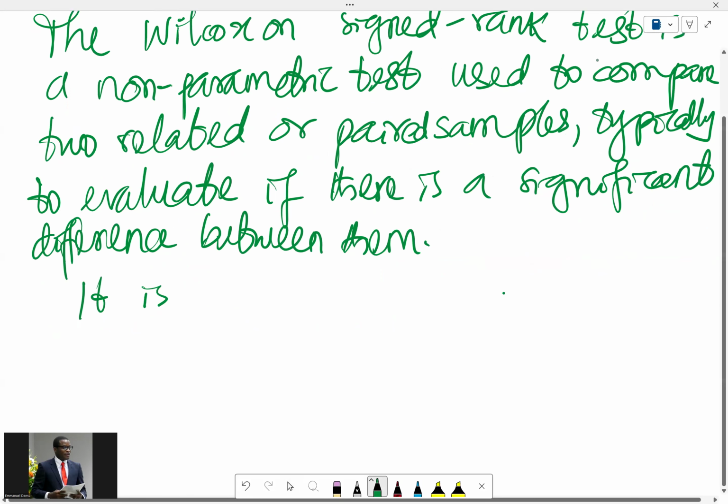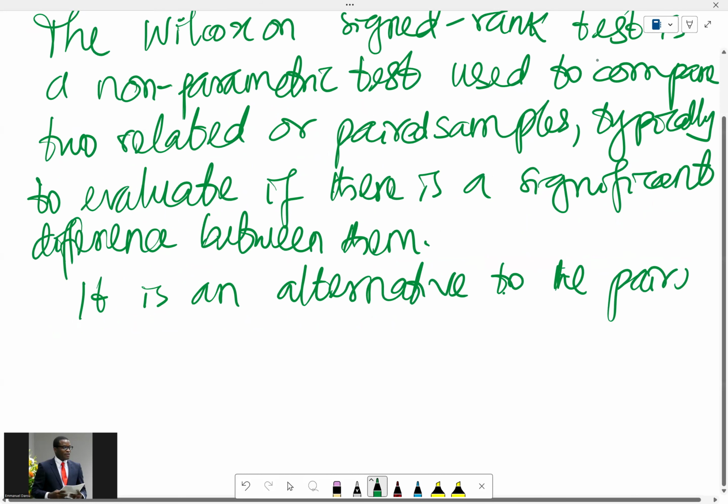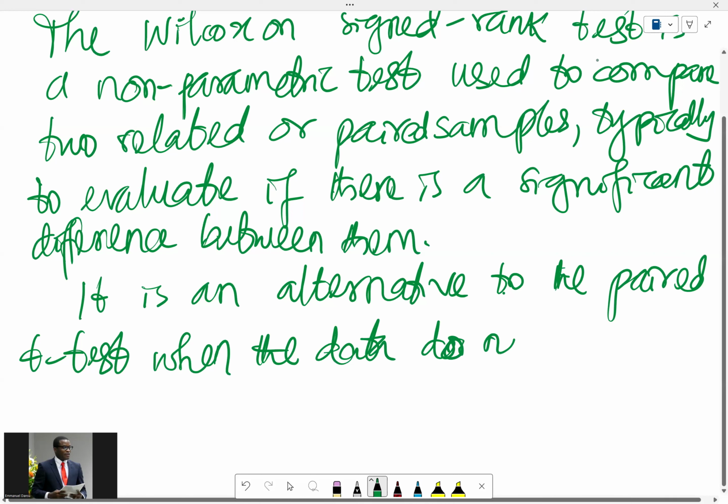This test is actually an alternative to the paired t-test when the data do not meet the normality assumption.